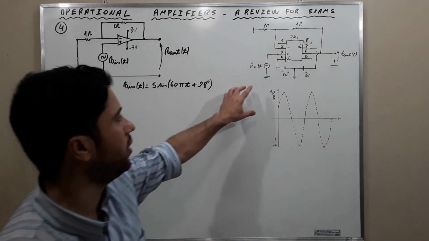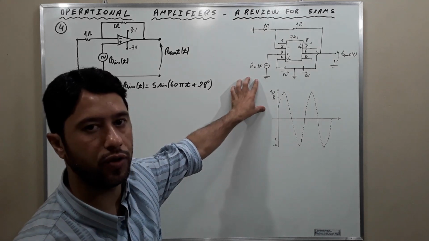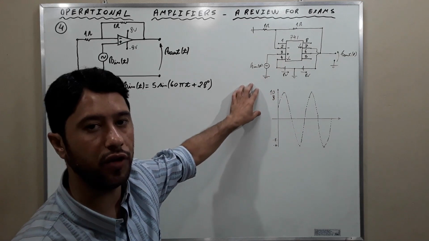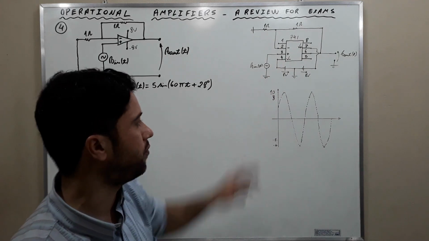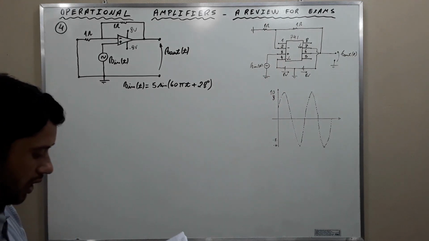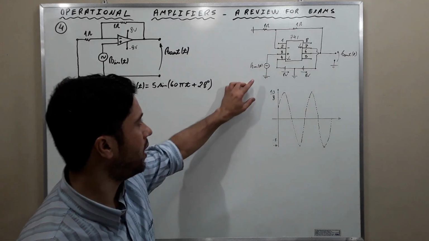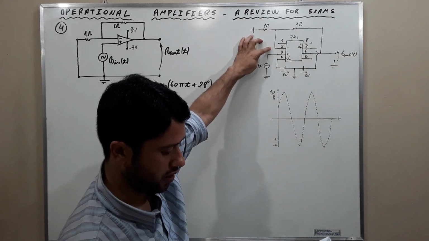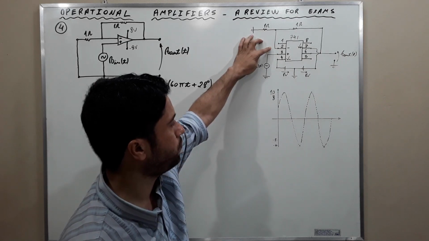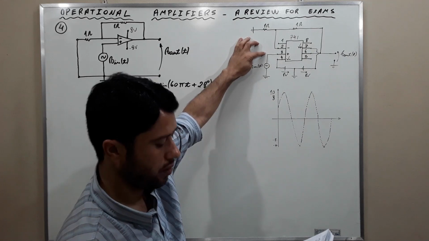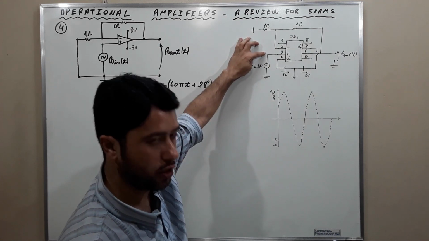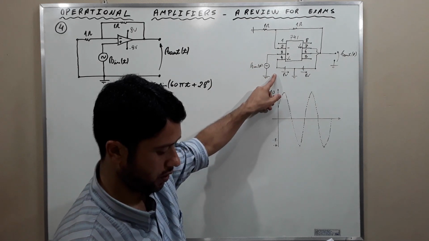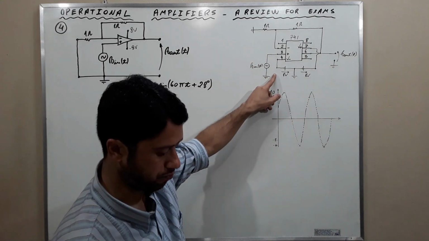And observe here that I drew the circuit around the 741, which is a practical operational amplifier. Observe also that pin 2 is the inverting input terminal. Pin 3 is the non-inverting input terminal. Pin 4 is the negative supply.